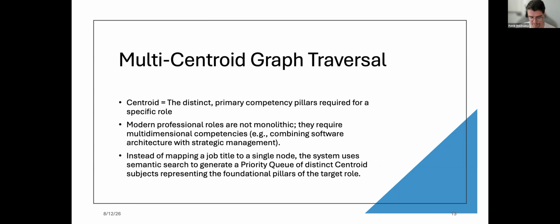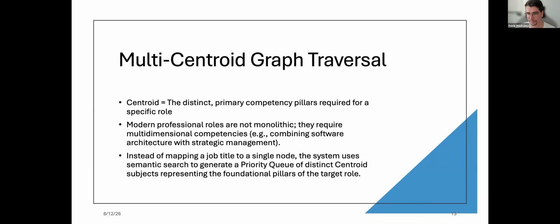And then there's the multi-centroid graph traversal. What's a centroid? That's a primary competency pillar. That's the real course you start building from. So if we have an enterprise Java programmer, it should be the entry course for programming.